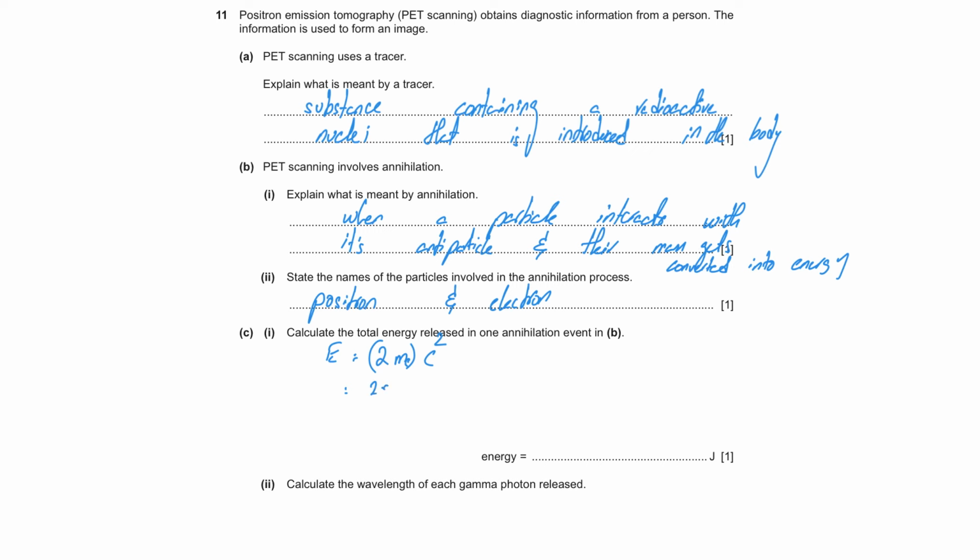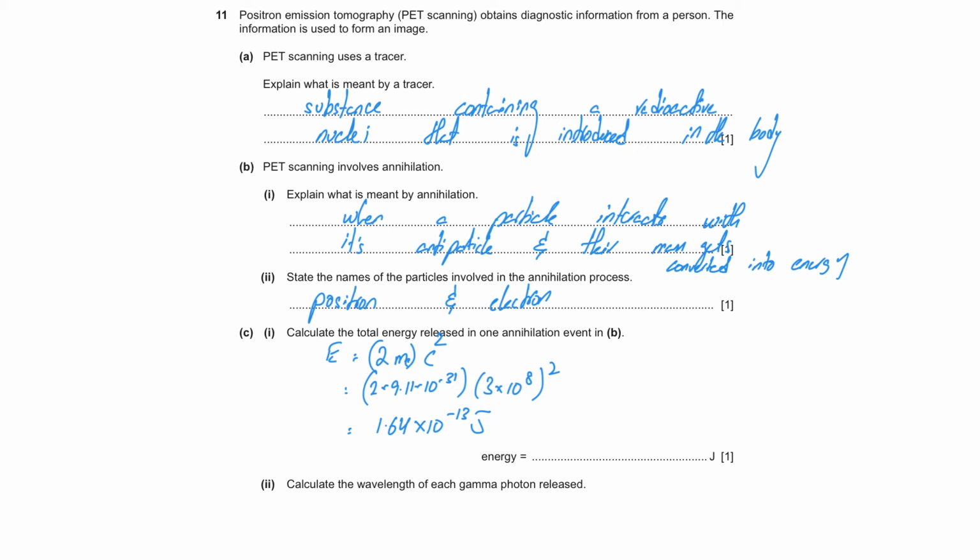So 2 times 9.11 times 10 to the power minus 31 kilograms times c squared, where c is the speed of light. The total energy released is 1.64 times 10 to the power minus 13 joules.